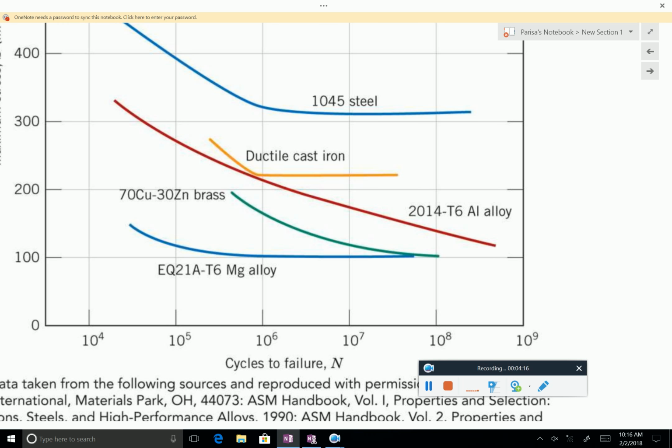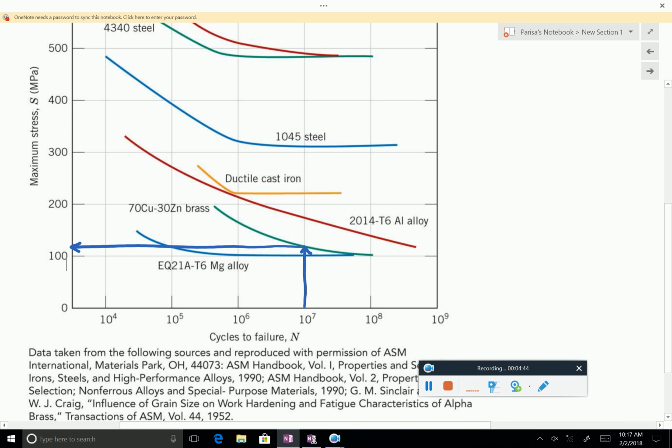So you want to see what would be the maximum stress amplitude that the material can tolerate without going through fatigue failure at 10 to the power of 7 cycles. So you go here, you go and read it, and this gives you the maximum stress.